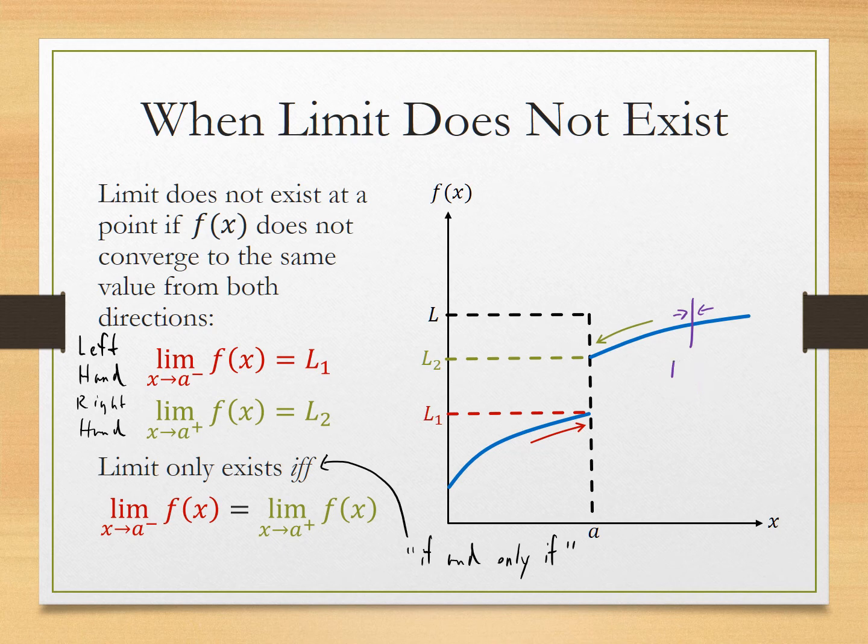So the existence of a limit is not relative to the function, it's relative to the point. For this function, the limit does not exist at A because the function is moving towards two values. But at any other point on this function, the limit does exist because the function does move towards a single value at any point other than A. So limit existence is relative to a point you pick on x.